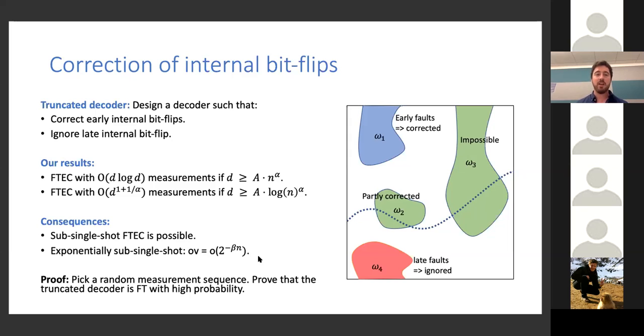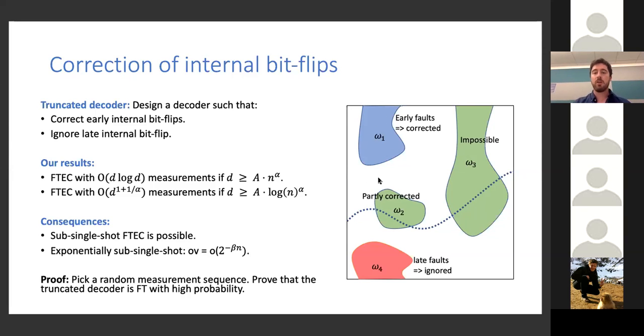So let's use this idea and define a region of early internal errors that we will correct, and late errors that we will ignore and let go through to the next error correction cycle. If we do that, we can define a decoder that does that. We identify early errors and late errors in a technical way.